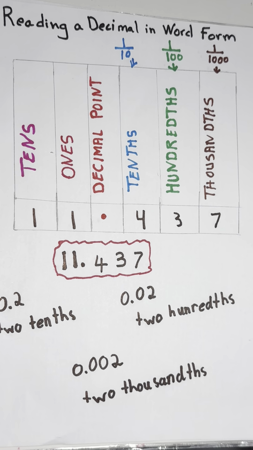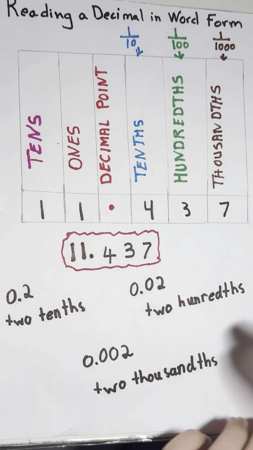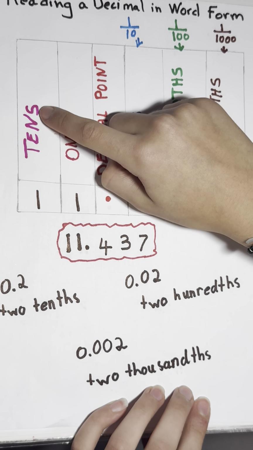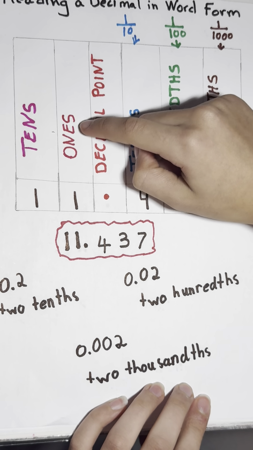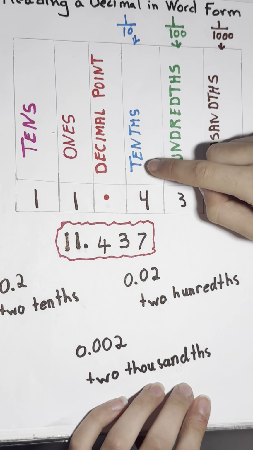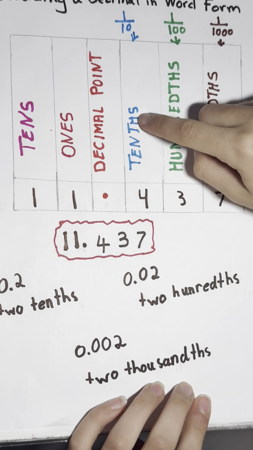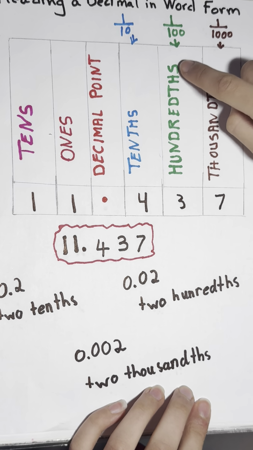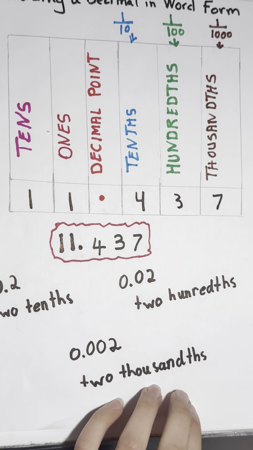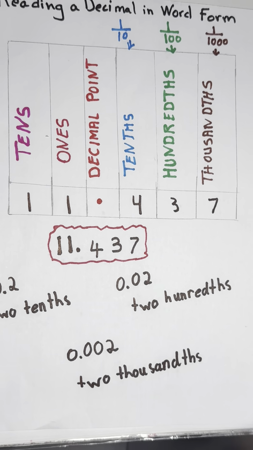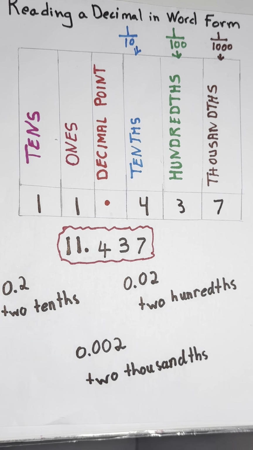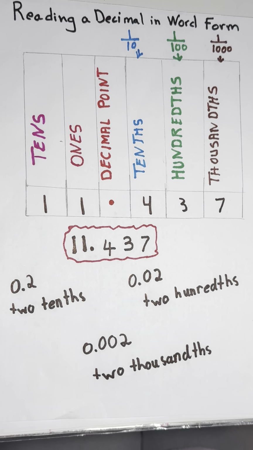And what I noticed is that the tens, they end with the S. The ones, they end with the S. But the tenths, the hundredths, and the thousandths, they all end with THS. THS, THS. That reminds me that it's in the thousandths, hundredths, or tenths.